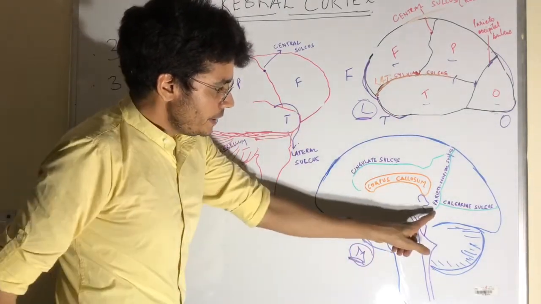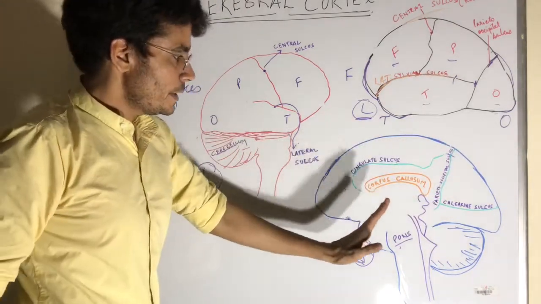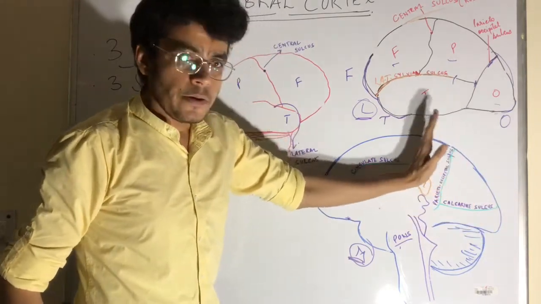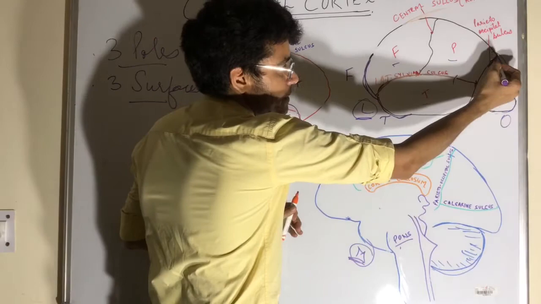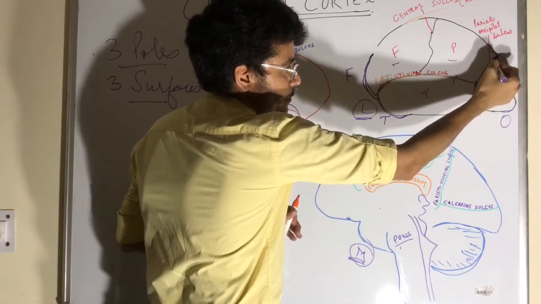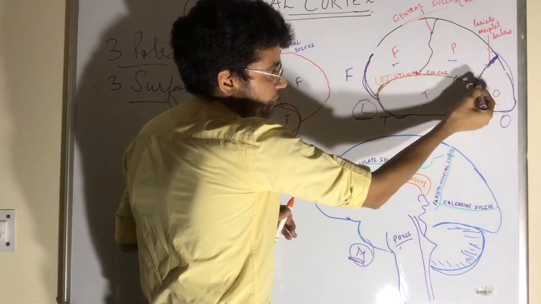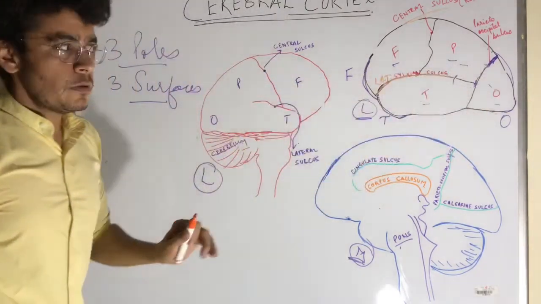So medially, the parieto-occipital sulcus is prominent, and it separates the occipital lobe from the parietal lobe. And on the lateral aspect, it just comes up to this point. And we try to draw one more imaginary line that separates the parietal from the occipital lobe on the lateral aspect.